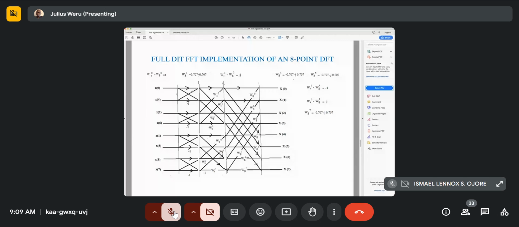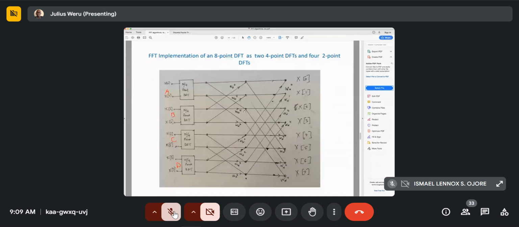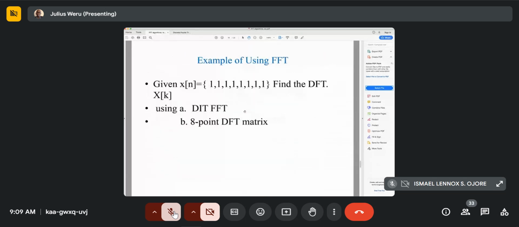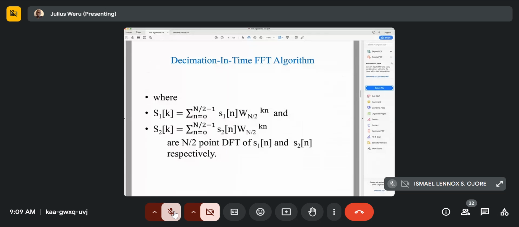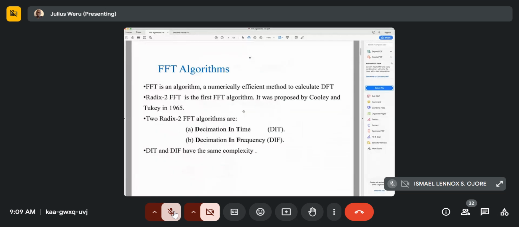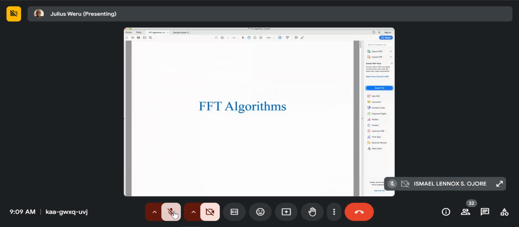Here you can actually work it out directly from just the definition of the FFT.